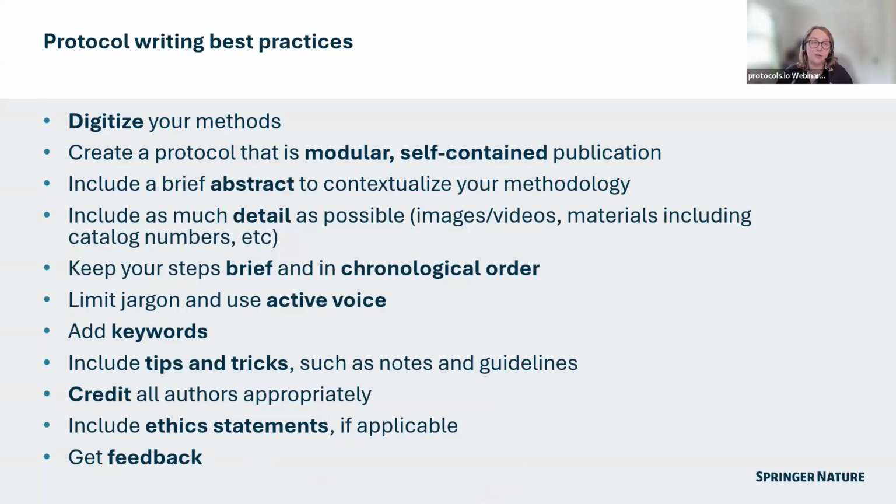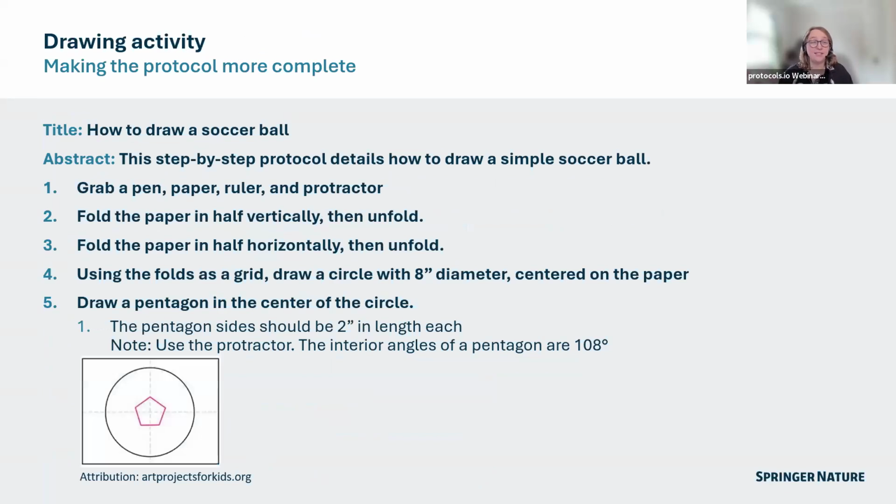And what does that look like for our drawing activity? This isn't even the full protocol anymore, because when you go into details, it will become a lot longer. But now we're adding in the title, How to Draw a Soccer Ball. Probably you didn't guess that that's what we were doing. An abstract explaining exactly what the protocol is going through. The materials are listed.